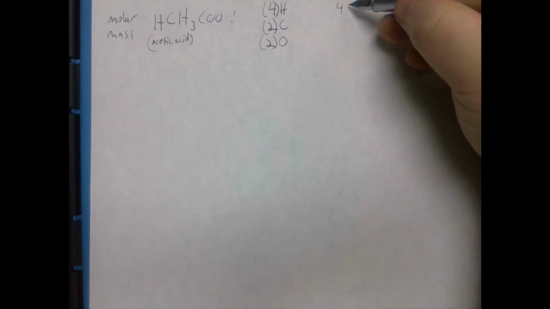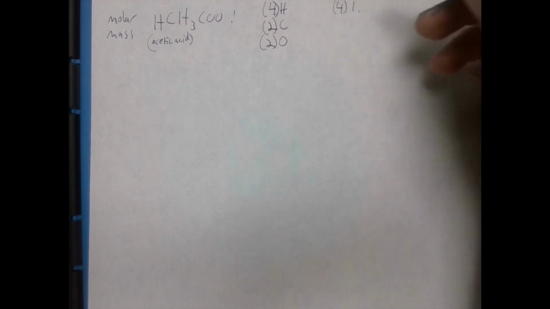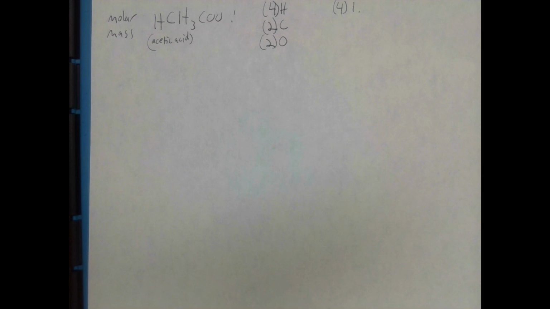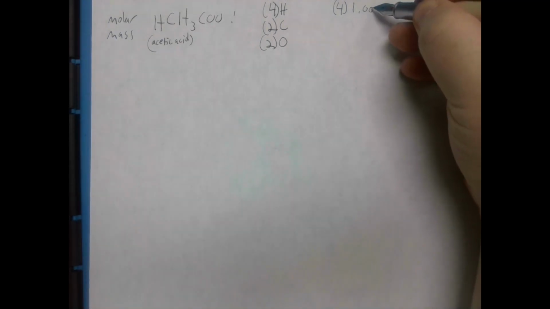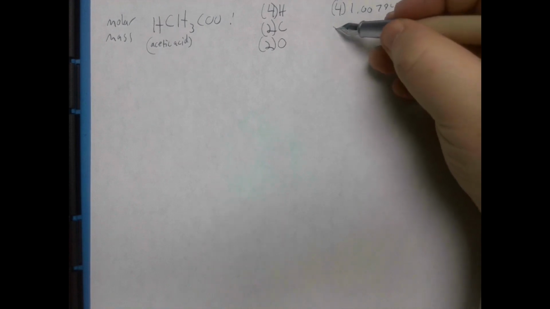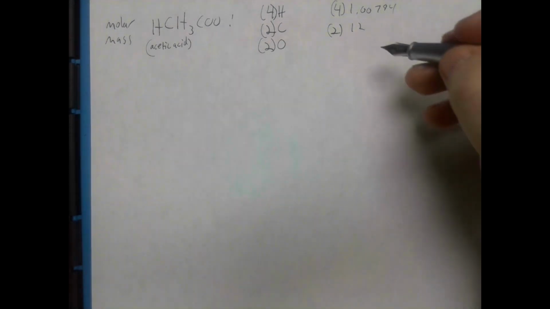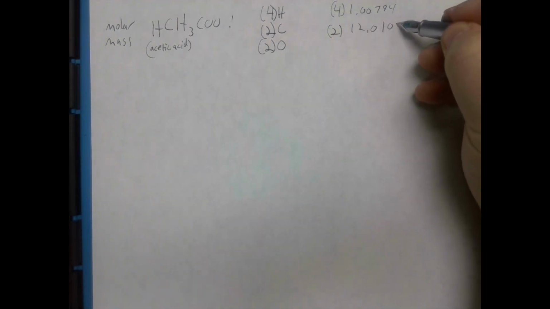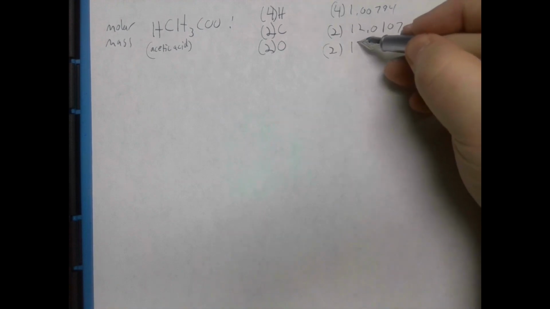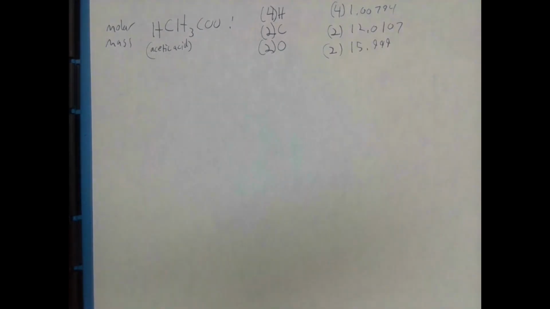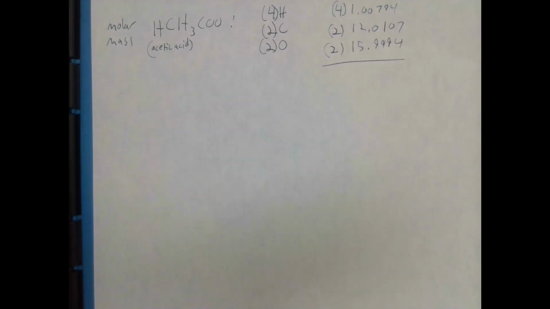So that's 4 times 1.00794, 2 carbon, carbon is 12.0107, and 2 oxygen, this is 15.9994.